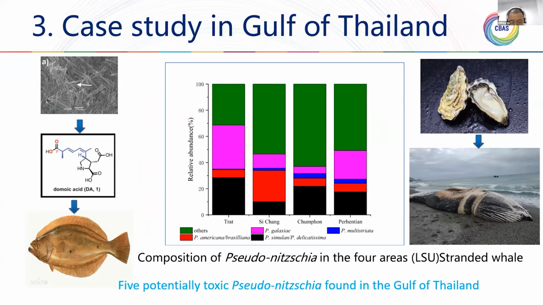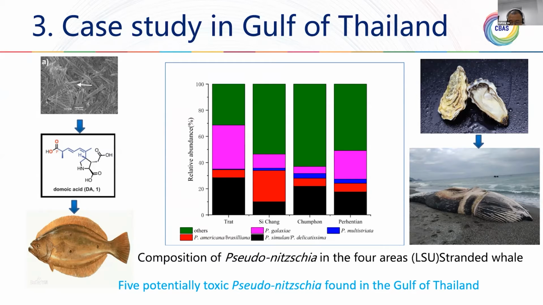Some Pseudo-nitzschia species are able to produce domoic acid, which can be transferred to fish or shellfish. They are considered the cause of whale stranding, as domoic acid was detected in the flesh of stranded whales. 5 potentially toxic Pseudo-nitzschia species were detected, as well as 14 non-toxic Pseudo-nitzschia species in the 4 areas.